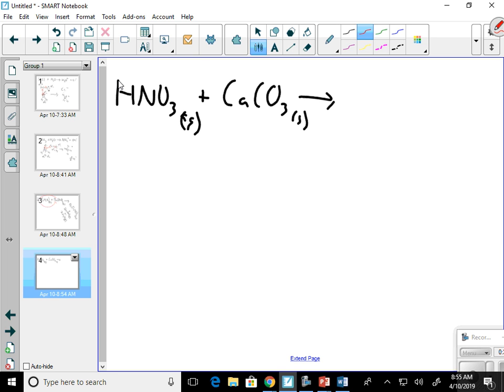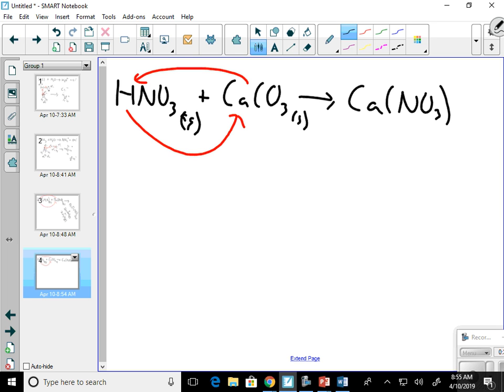Still looks like double displacement to me, though, where this switch is going to happen. So my first product would be calcium with nitrate. Calcium's a +2, nitrate's a -1. Calcium nitrate would be one product.